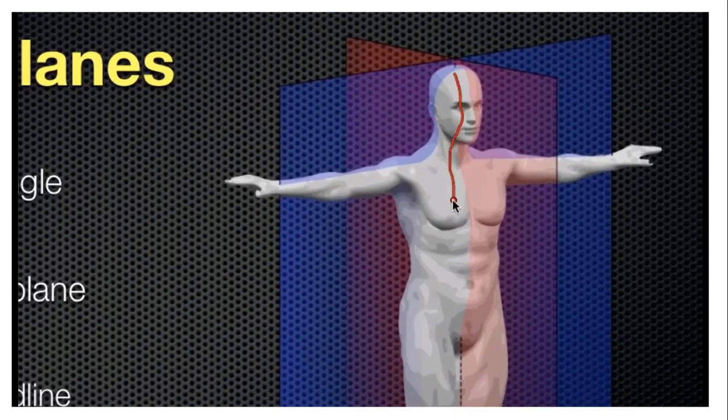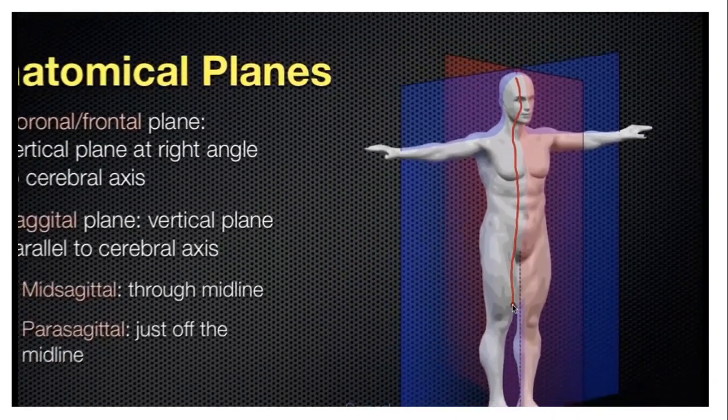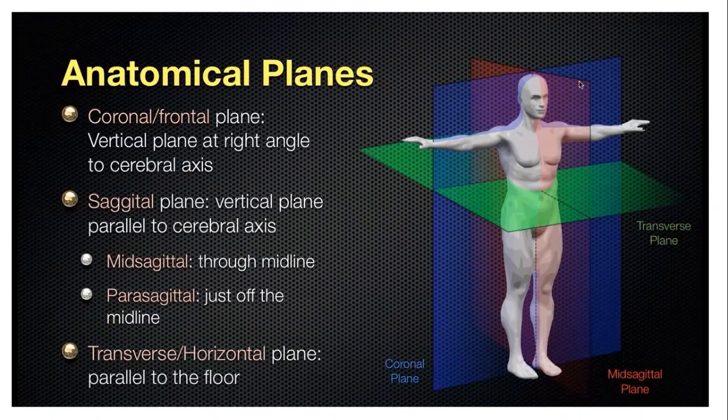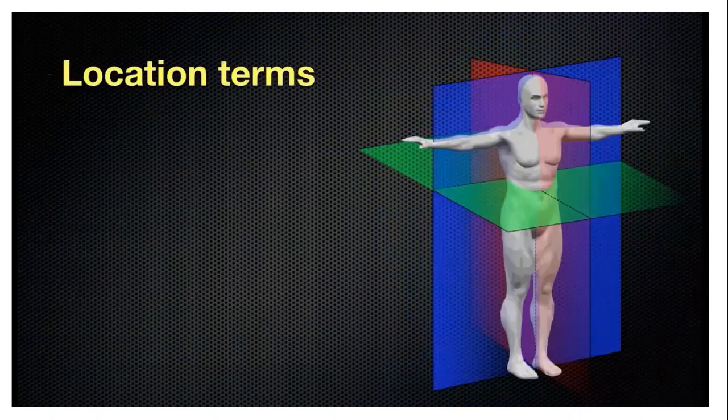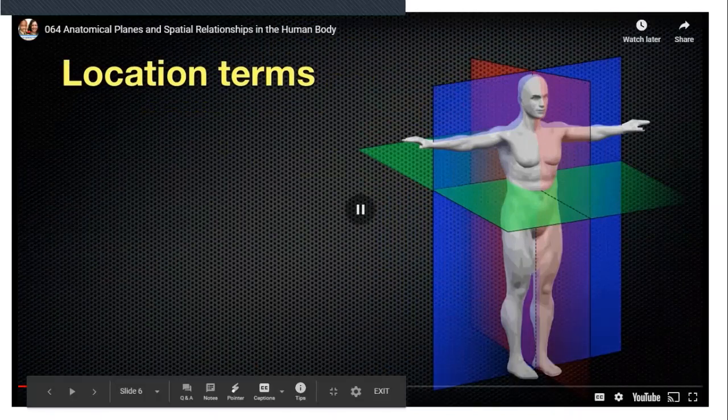And that continues down, just like the mid-sagittal plane, but instead of going through the midline, it's just off the midline. So that's parasagittal. Then we have the horizontal plane or the transverse plane, which is parallel to the floor. Now let's look at some location terms in terms of spatial relationships between two parts of the body.